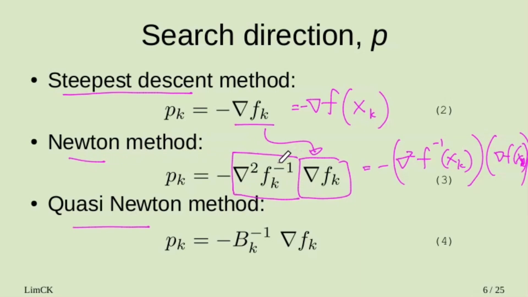The improvement from the Newton method is the so-called quasi-Newton method. The quasi-Newton method is something similar, but we replace the Hessian of that point with B_k, inverse of B_k. What is this? This is also a Hessian, but not the Hessian of that point.